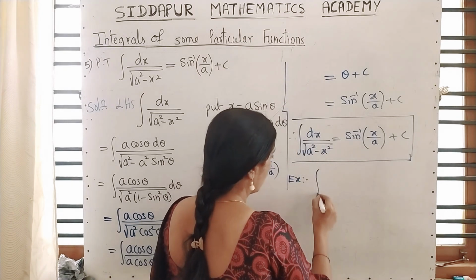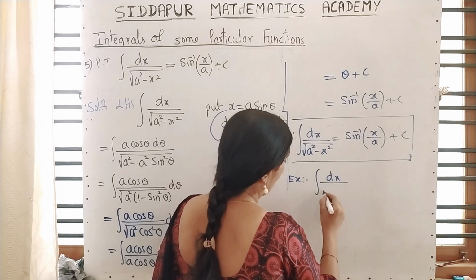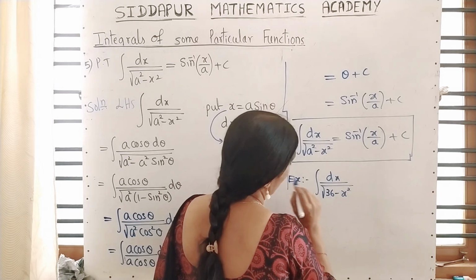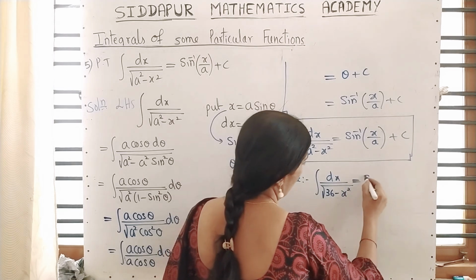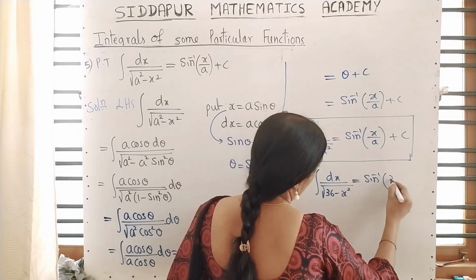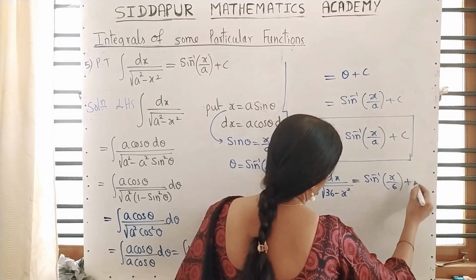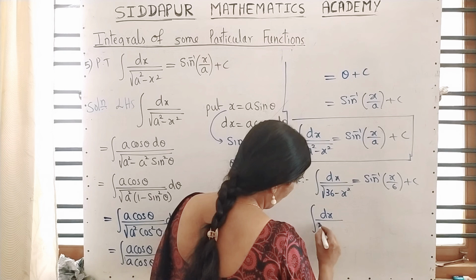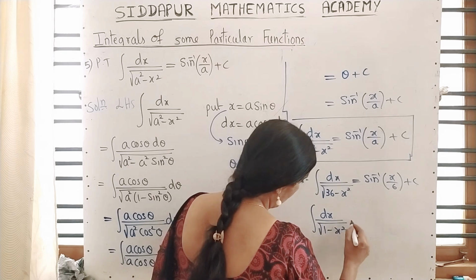dx upon root of 36 minus x square. 36 is 6 square. Sin inverse x by 6 plus c. Next, see the example. dx upon root of 1 minus x square.